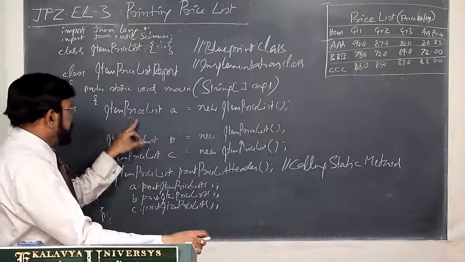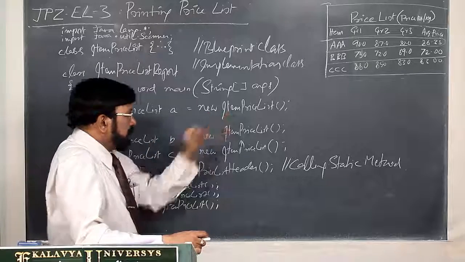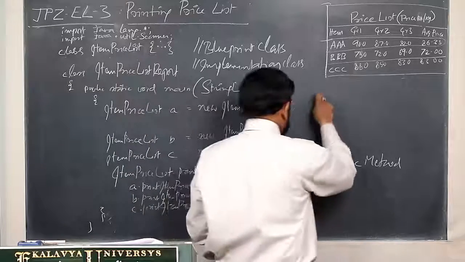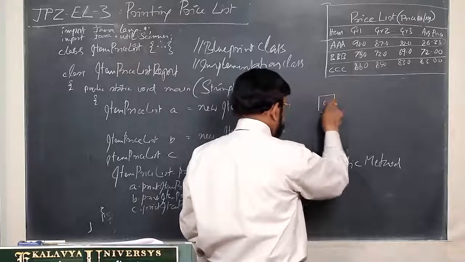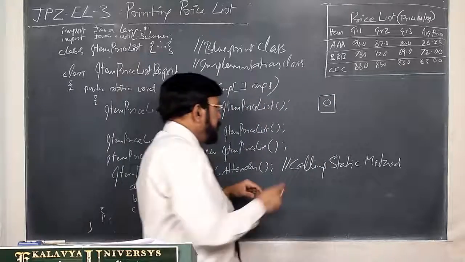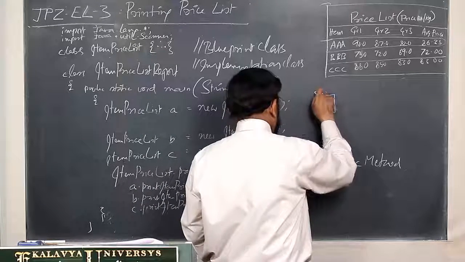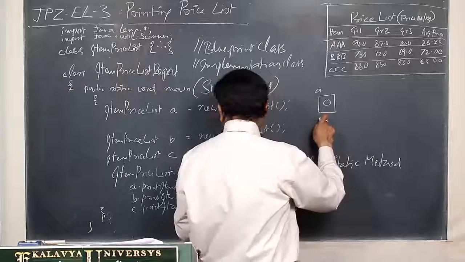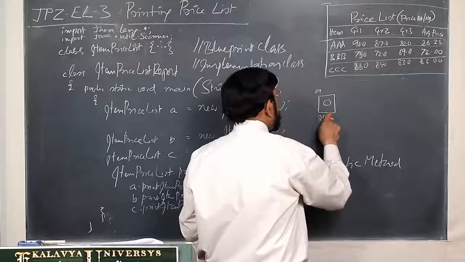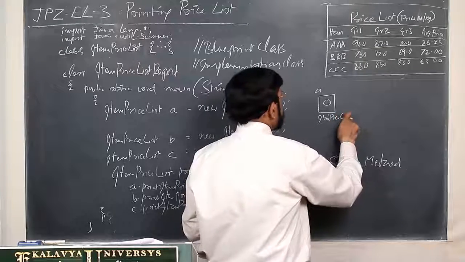Now you see, ItemPriceList A object I created, with new ItemPriceList. Once again, in the first two programs I have explained this in great detail, so that's why I am giving only a brief explanation here. Its name is A, and its type is ItemPriceList.